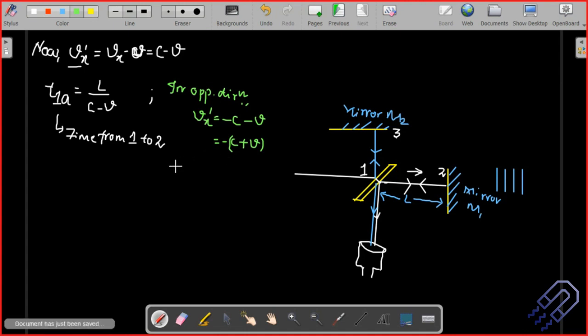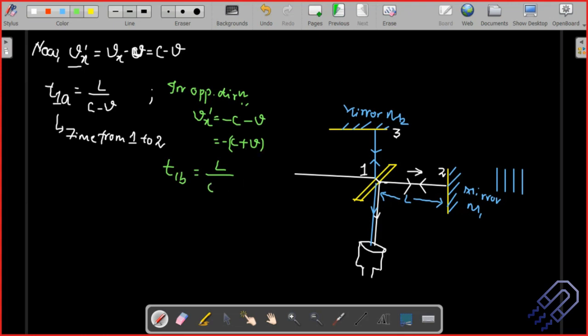So if now I want to measure t, so that means I can measure it. So let's say t1b. Okay, the magnitude of this is the distance L divided by velocity. The velocity is c plus v now. This minus will only give me the direction, but I'm interested to find out the time. So I'll just take the magnitude here.